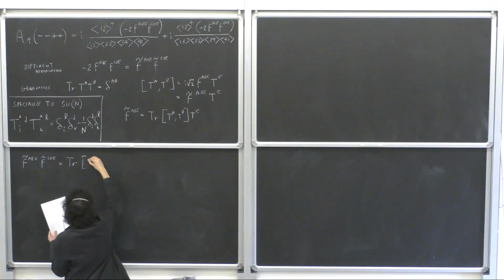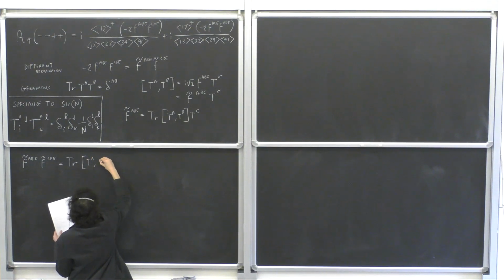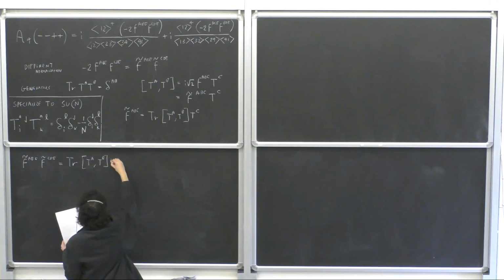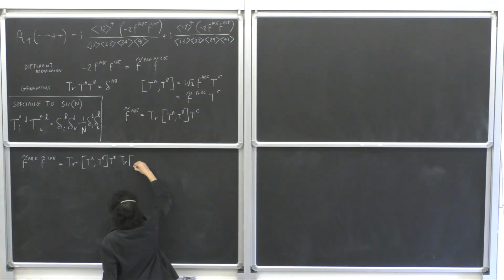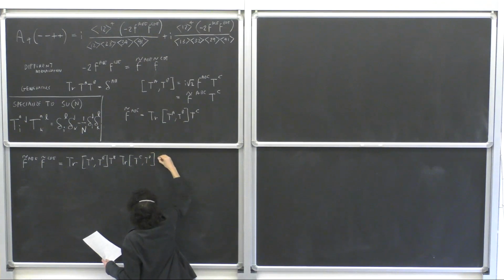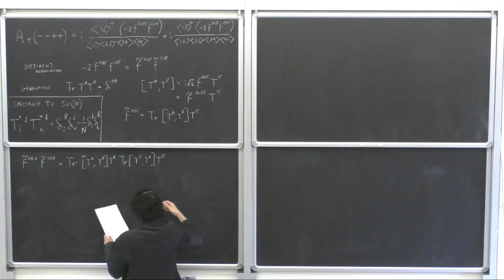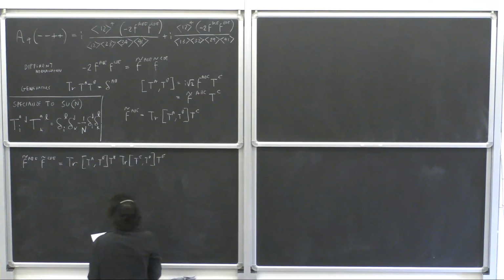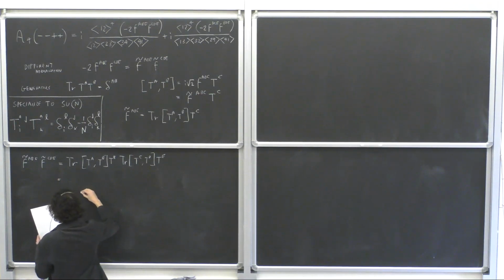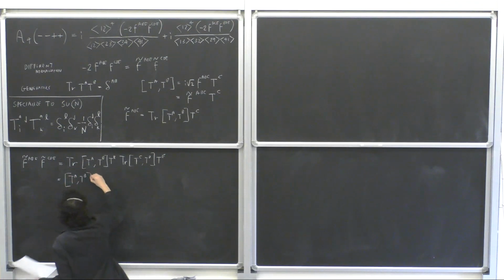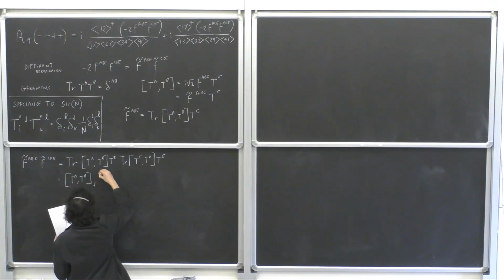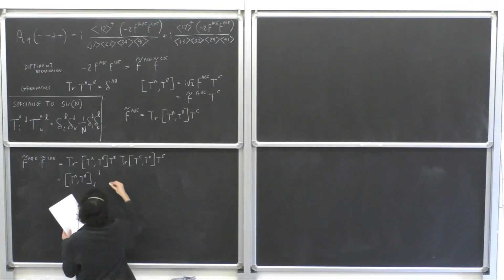So here we would have T^A, I mean, we just write this structure constant as traces. Here we would have the commutator of T^C, T^D with T^E, and then we just use the completeness relation. So what we will get is the commutator of T^A T^B with indices j i.